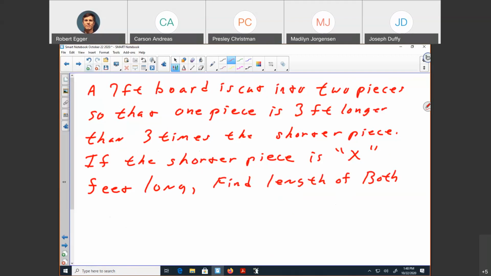All right. So let's see. What do we have here? If I visualize it, seven feet long, cut in two, and this guy is X, and it tells me that the other piece is 3 feet longer than 3 times the shorter piece.